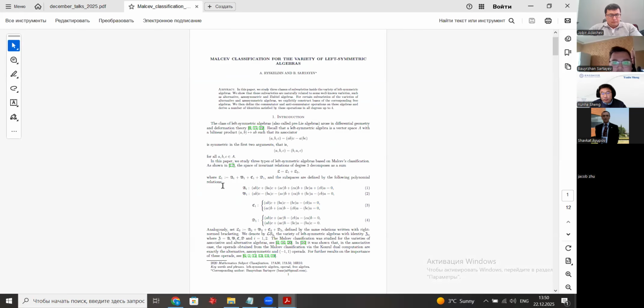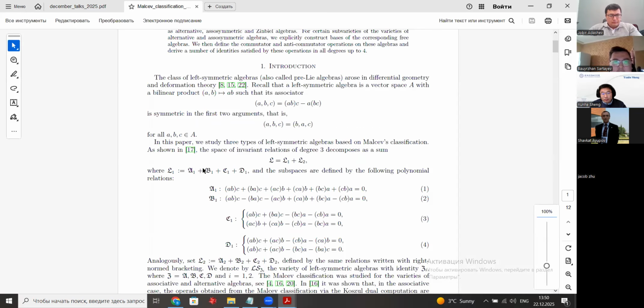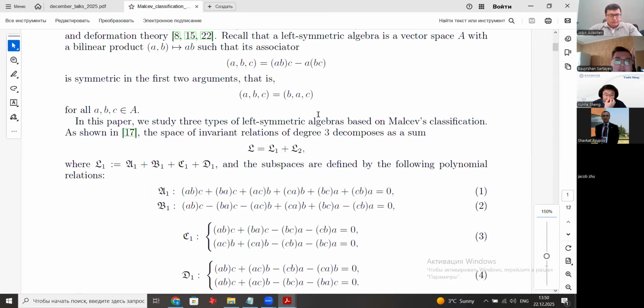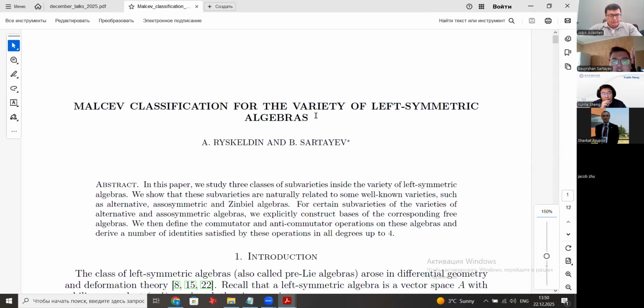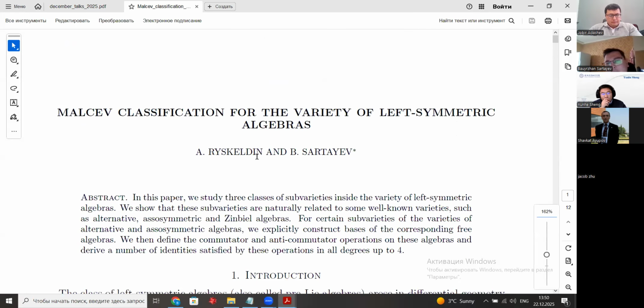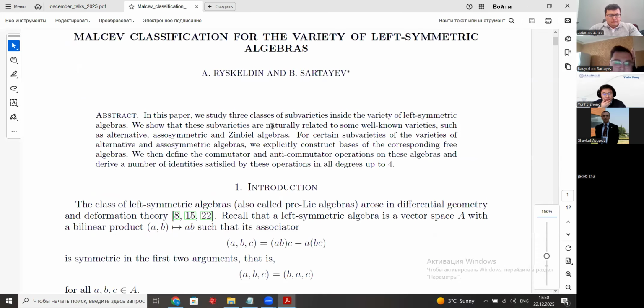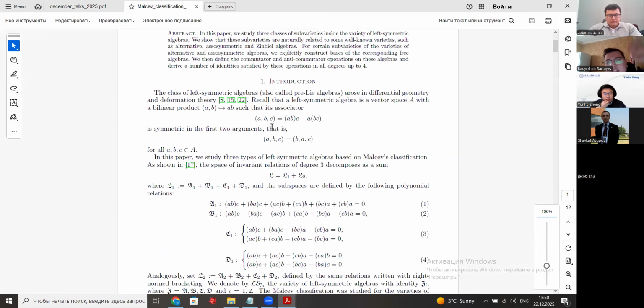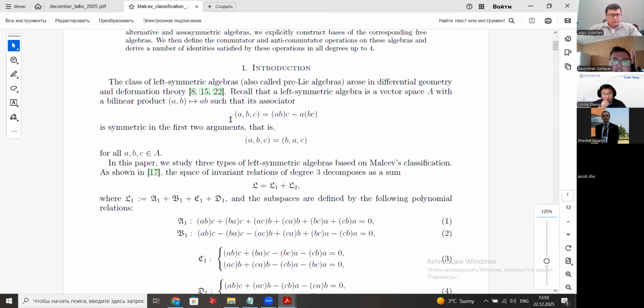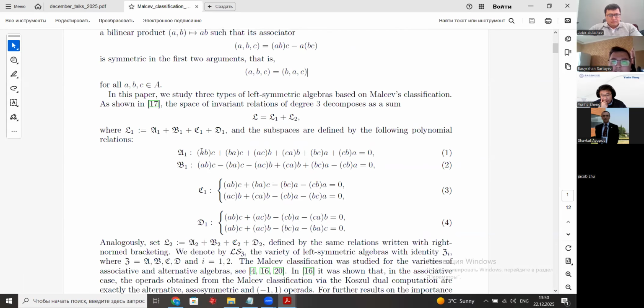So the next step is to consider the Malcev classification for other varieties. Here we considered the Malcev classification for the variety of left symmetric algebras. It's again the same idea. First you take the variety of right Pre-Lie algebras, so it's like left symmetric, and on this Pre-Lie algebra you add a new identity and obtain subvarieties.